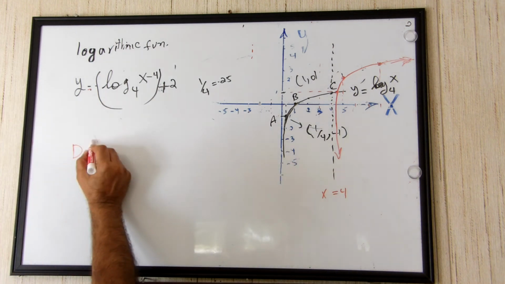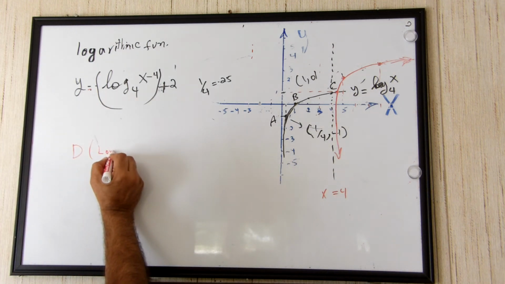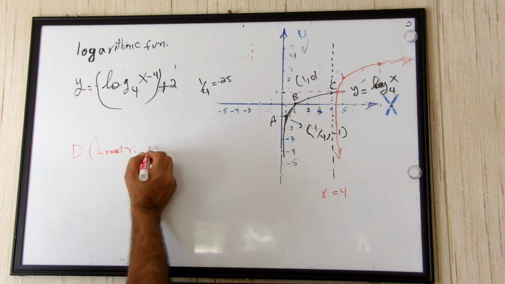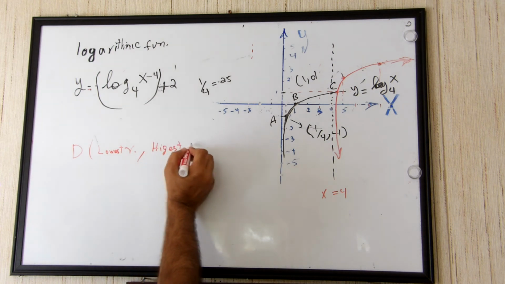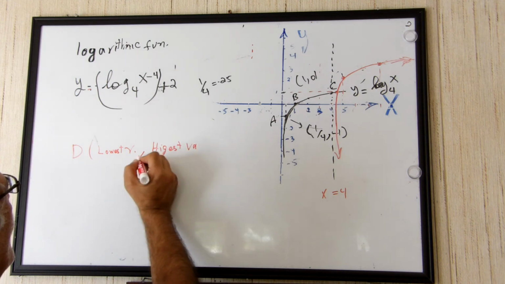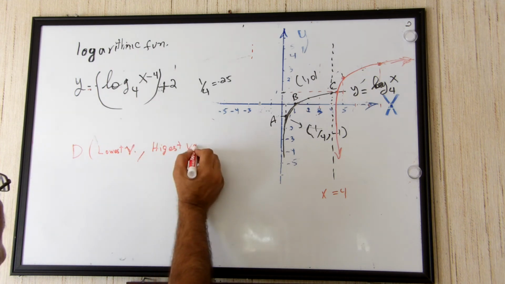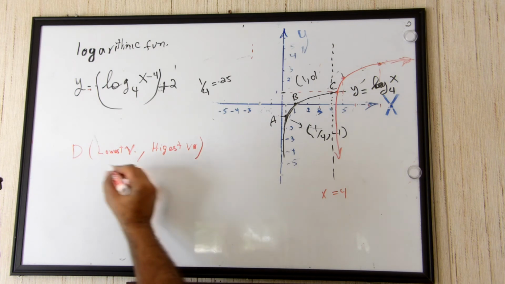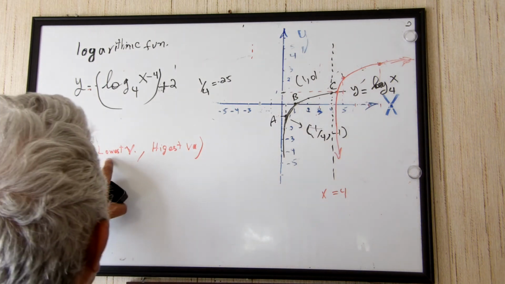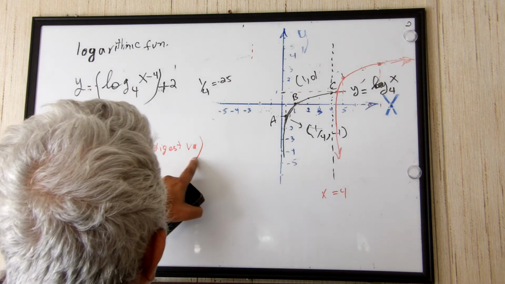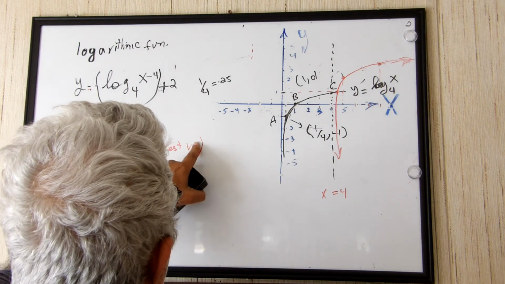domain. Domain, that is lowest value, comma, highest value. Okay. Lowest value of x, highest value of x. Okay?